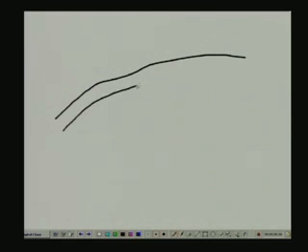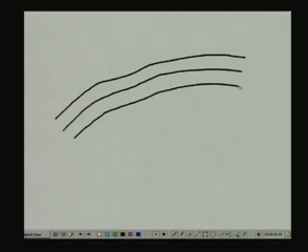Now if you have got layering of that type, then what you would expect is that one of the principal planes is going to be like that, and another one of the principal planes is going to be aligned in that manner.